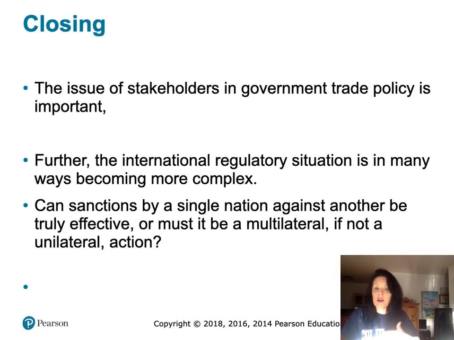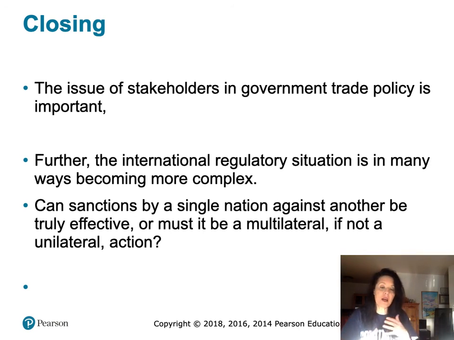Okay? Can one country impose an embargo on the other? Should this decision be multilateral, meaning that should this decision be made by taking the approval of other countries, right? Or should this decision be unilateral?